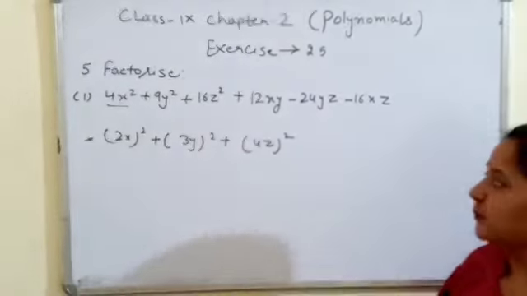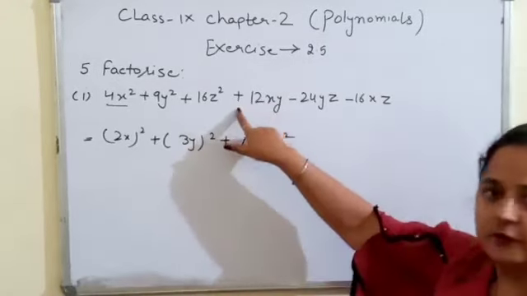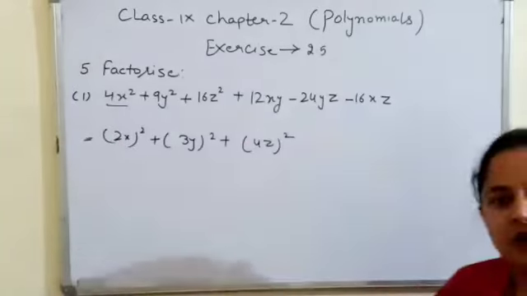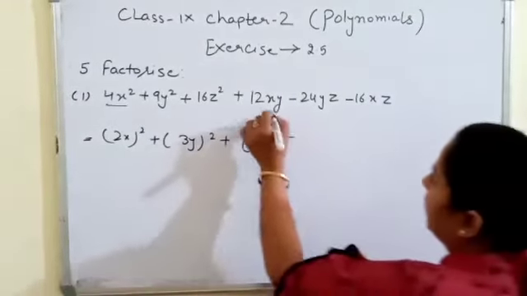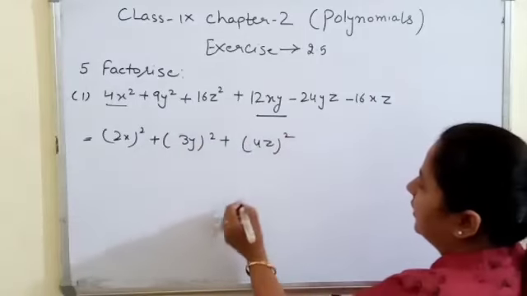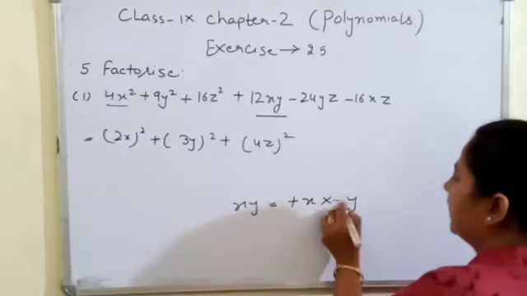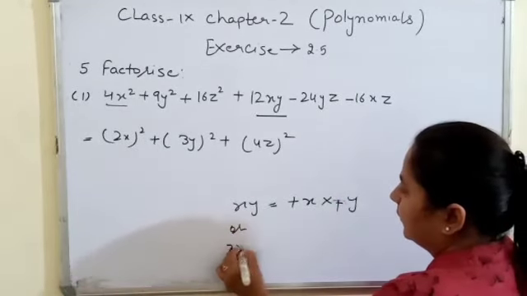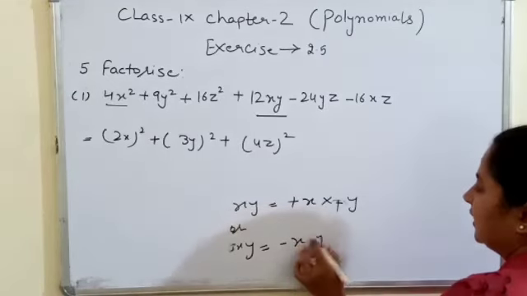Here you can see for the next three terms, the product of x and y is positive. It means x and y both have the positive sign, or x and y both have the negative sign.